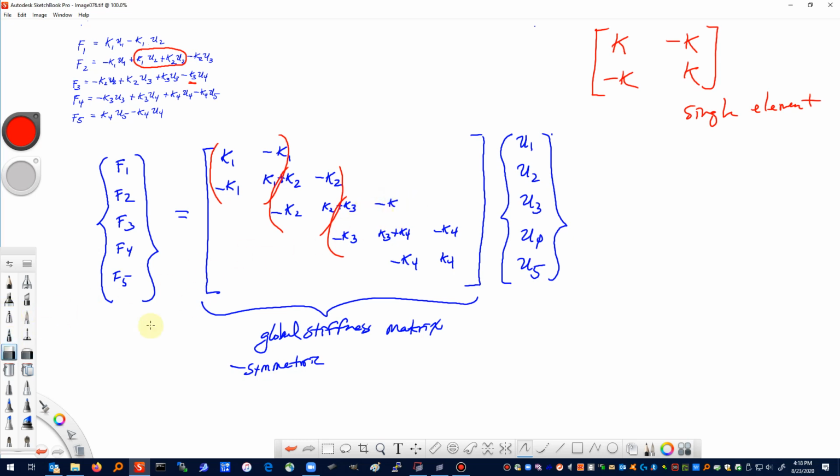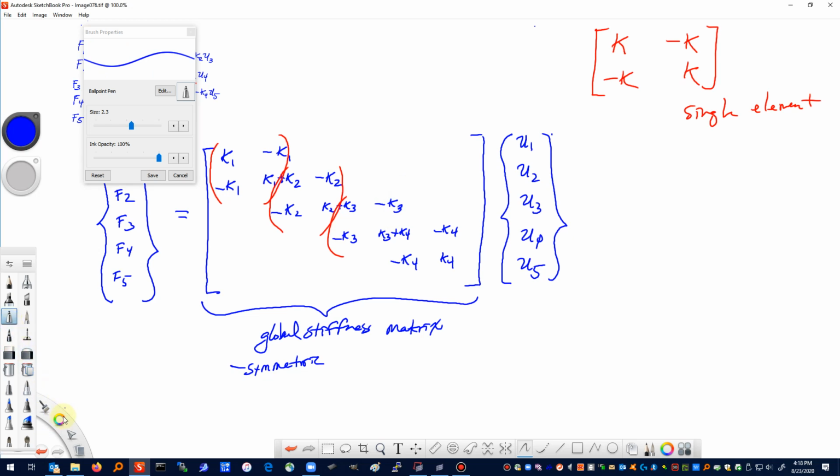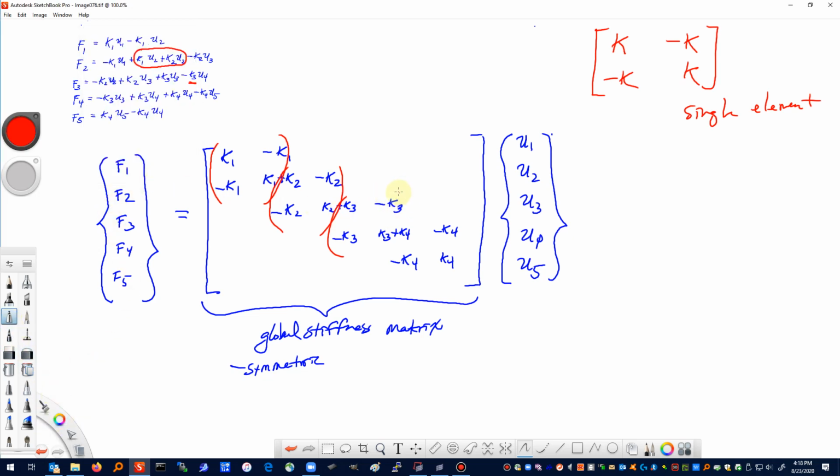Still not blue. And then this one down here.